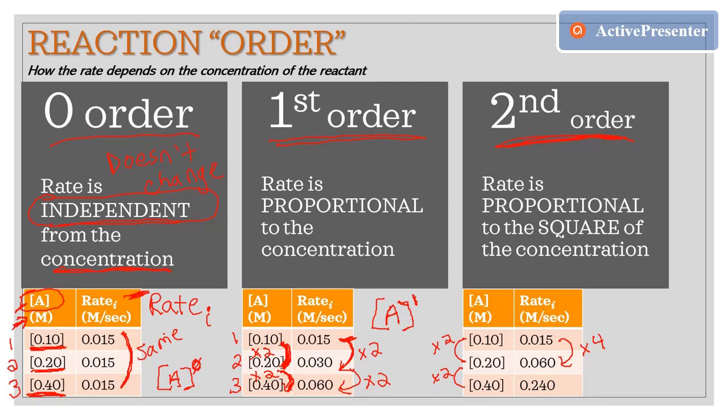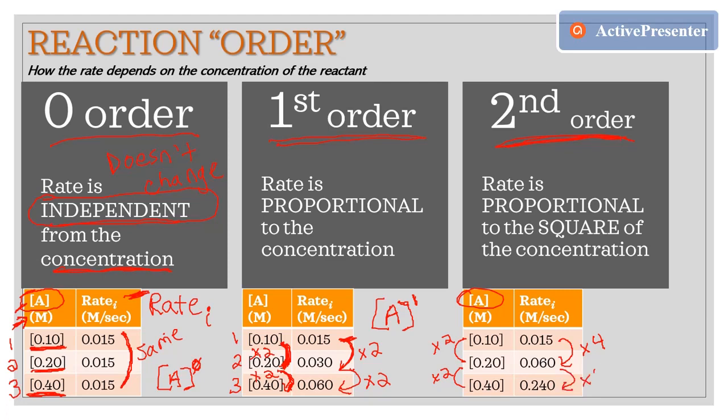Let's look at experiments 2 and 3. On the concentration side with A, we doubled, going from 0.20 to 0.40, that's doubling, times 2. But the initial rate went from 0.060 all the way up to 0.240.